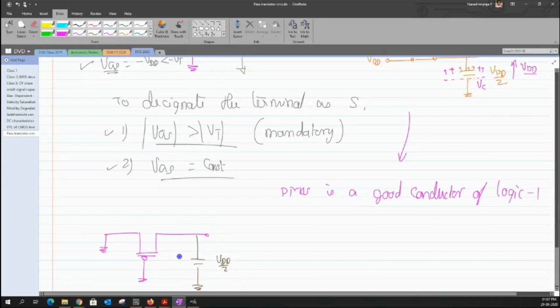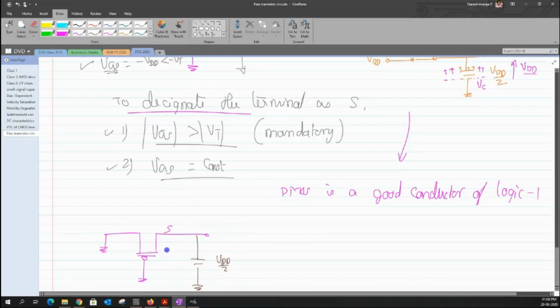Now which terminal should I designate as my source? You can use this idea. First of all, if I choose the left side as my source terminal, then we don't have VGS; the VGS becomes equal to 0. So obviously the first condition itself would fail. So we need to choose the right side terminal to designate our source.